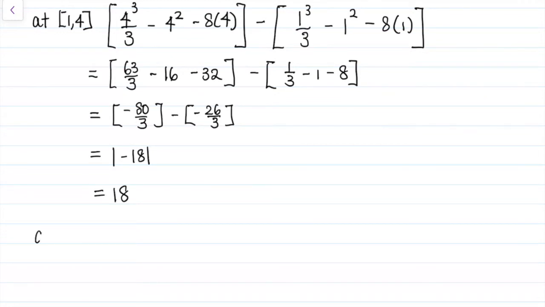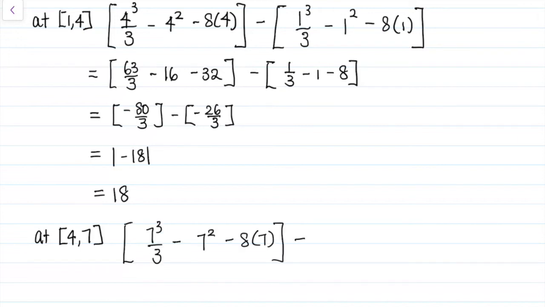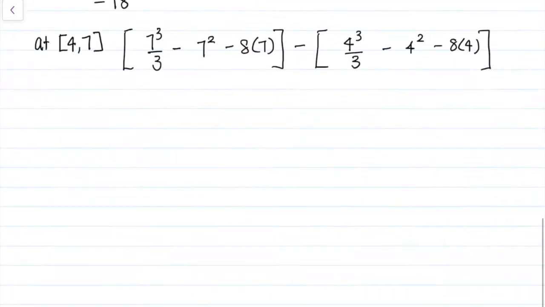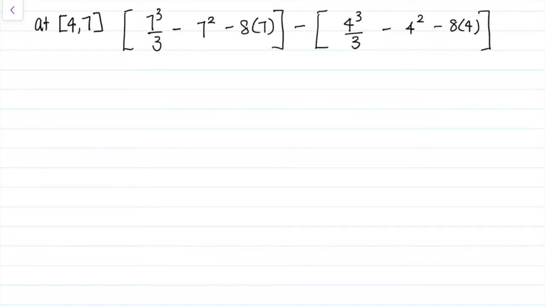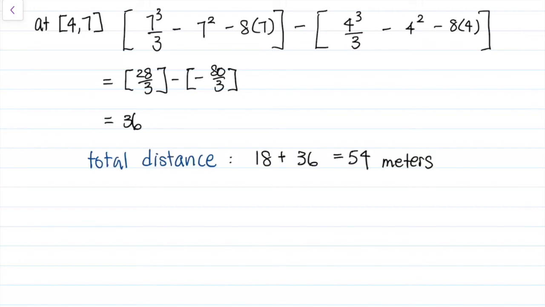Likewise, we're going to evaluate the integral from t equals 4 to t equals 7 the same way. The result we get is 36 meters. We add 18 to 36, and the total distance turns out to be 54 meters.